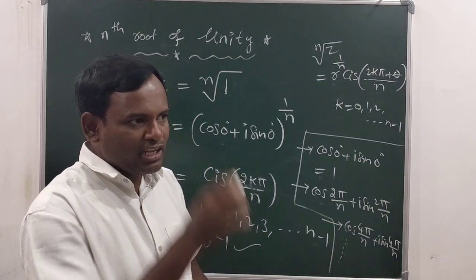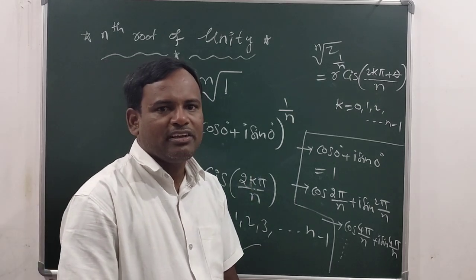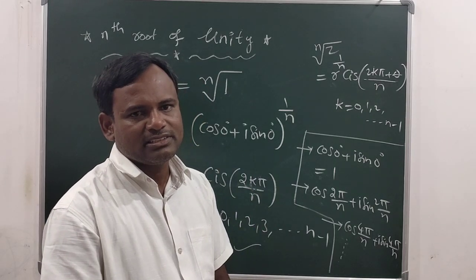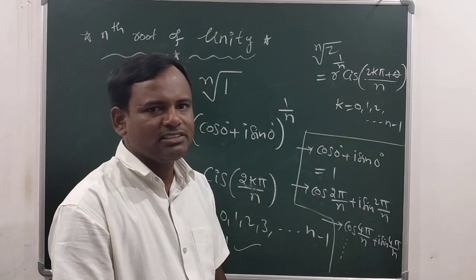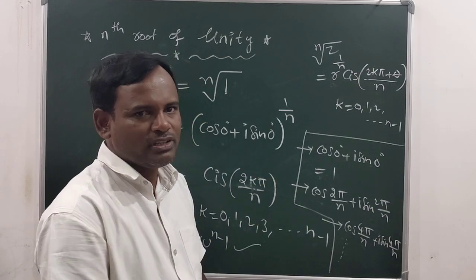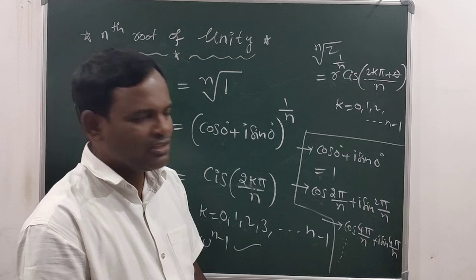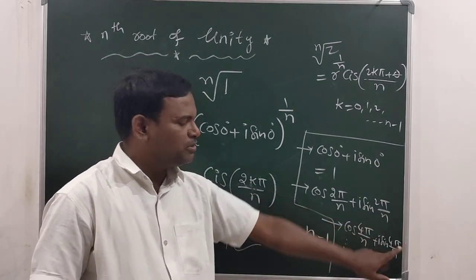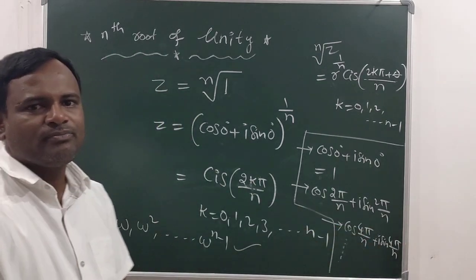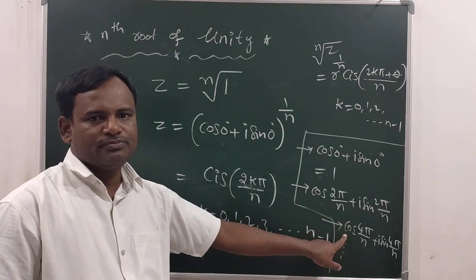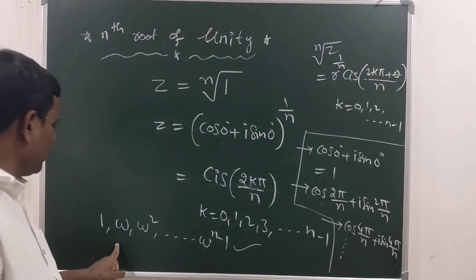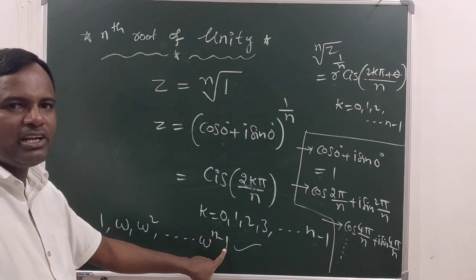Okay. Angle made by that rotating ray with x-axis is known as argument. That may be there in first quadrant or second or third or fourth. You know, in the previous one we have discussed. So here, what you people are observing? Difference between the argument. Observe the successive roots. 1, omega, omega square and so on, omega power n minus 1. No?